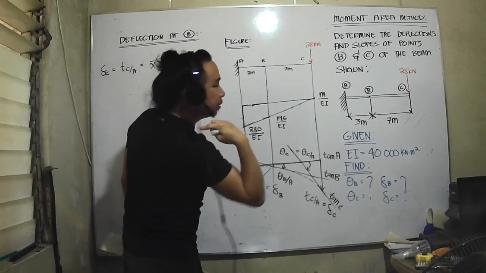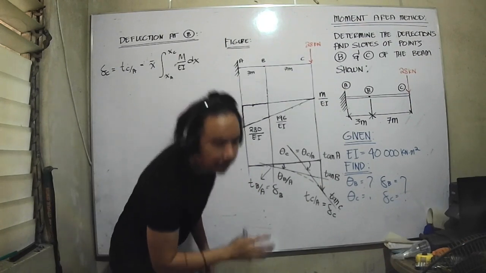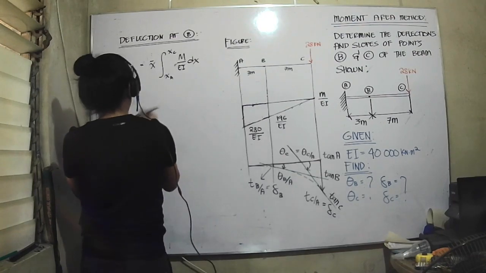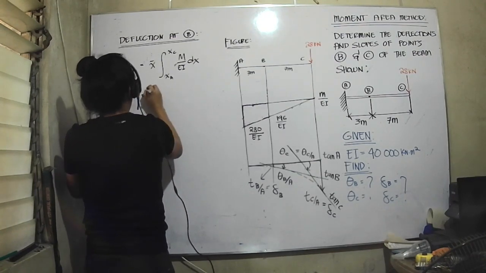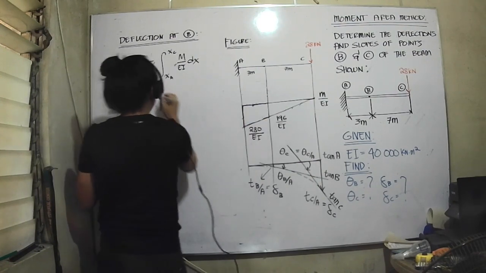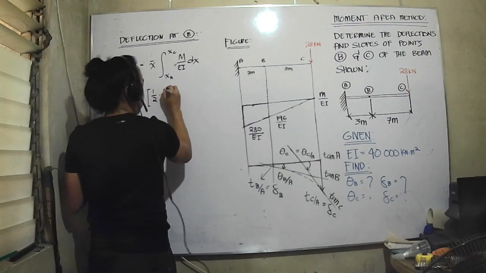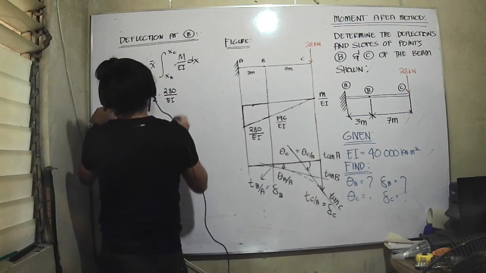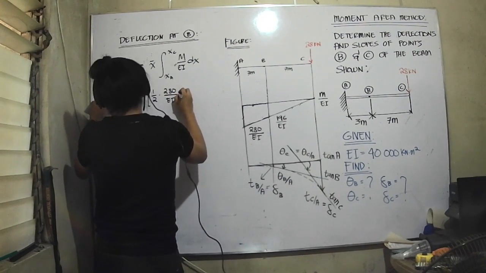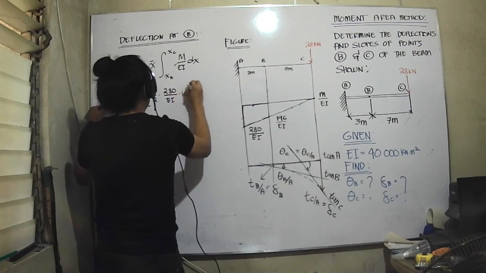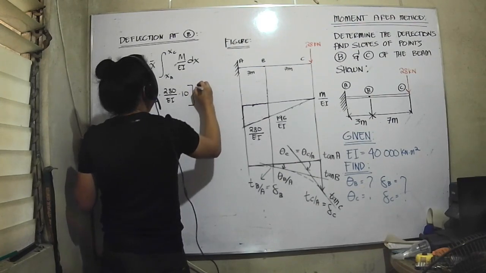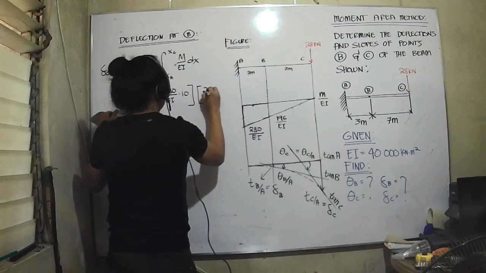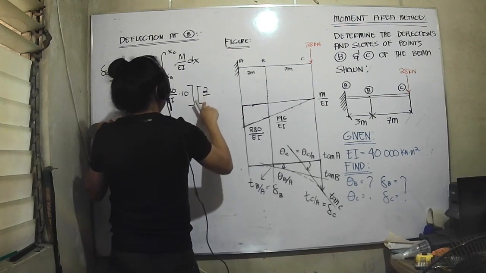From there, we just need to solve for the moment areas in between. This is just one big triangle. So, with that in mind, let's just solve ang area ng triangle na to. 1/2 of 280 over EI, okay, times 10, multiplied by ang atong moment arm dayon, which is equal to 2/3 of 10.